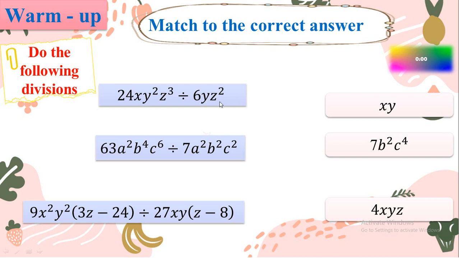Now I invite a student to answer the question. 24xy^2z^3 divided by 6yz^2 matches with 4xyz.